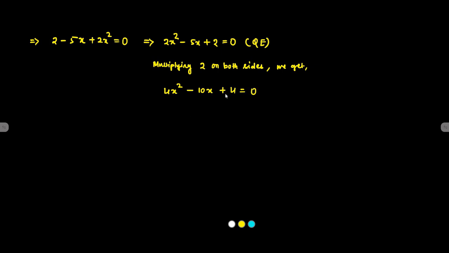Now we'll take this plus 4 to the right-hand side. That implies 4x² − 10x = −4.